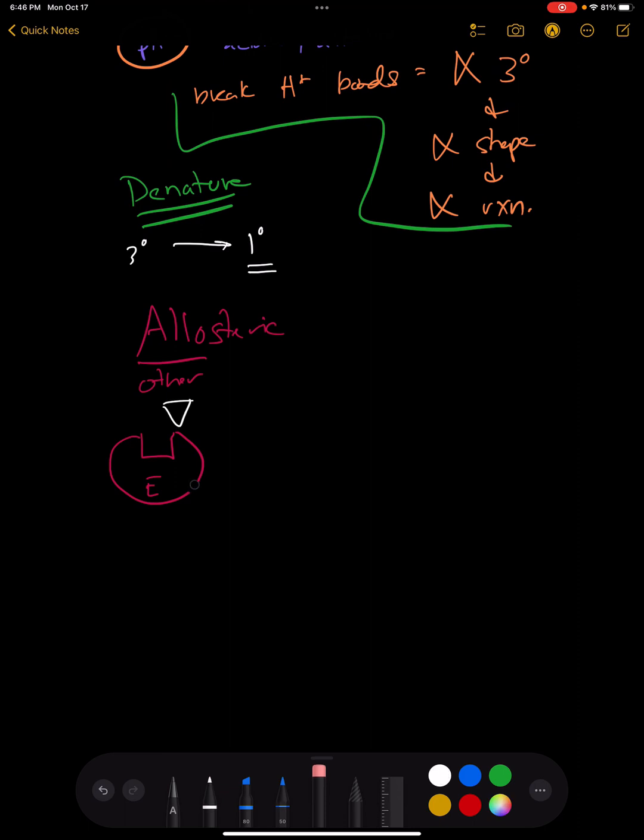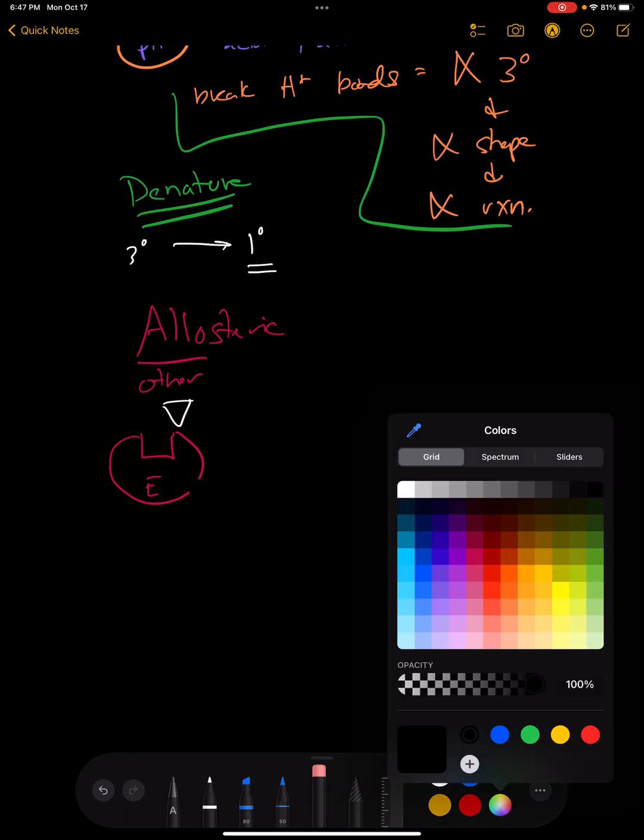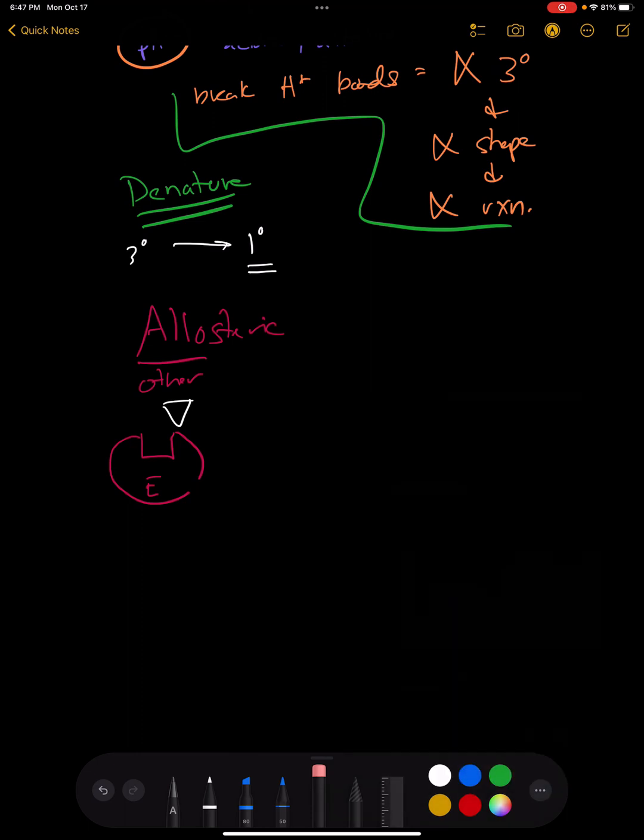And over here on my enzyme, there's this little yellow part, and then there's this little divot right here. And so this is the substrate that is supposed to react with that enzyme, but look at that. The active site is not the right shape.